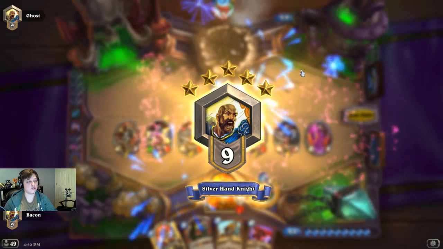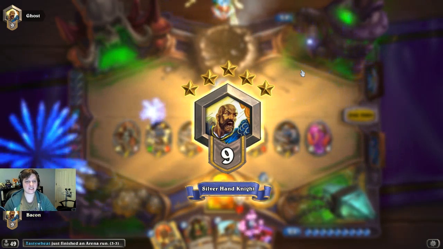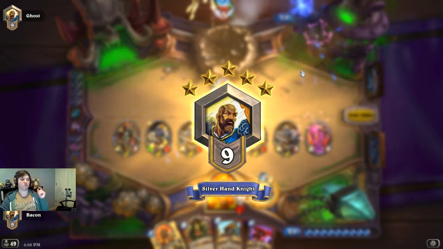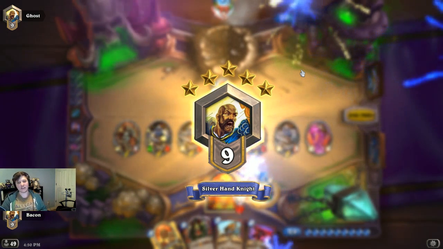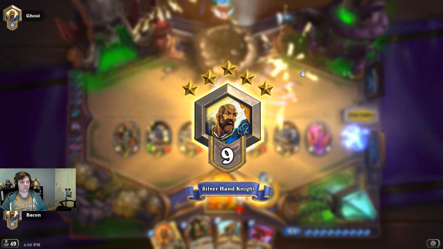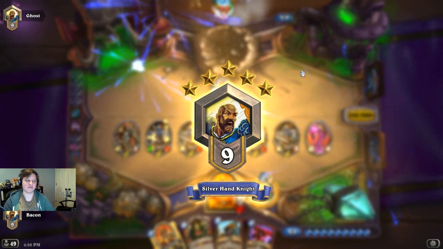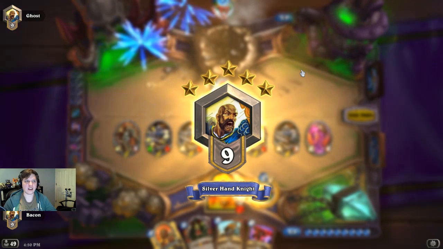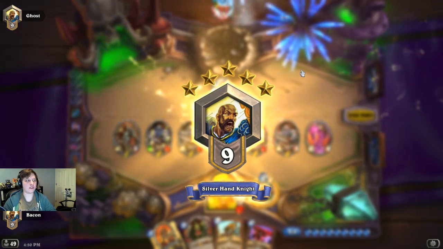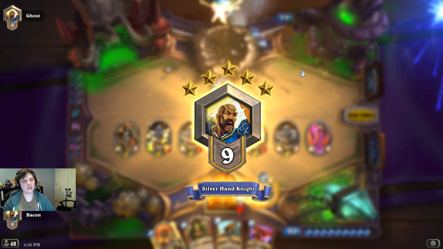You don't have to know an exact read of the 30 cards they have in their deck, but you have to have a good idea, right? You have to be able to make these predictions on pretty good information. And the other thing you have to do is spend a lot of time watching on your opponent's turn.